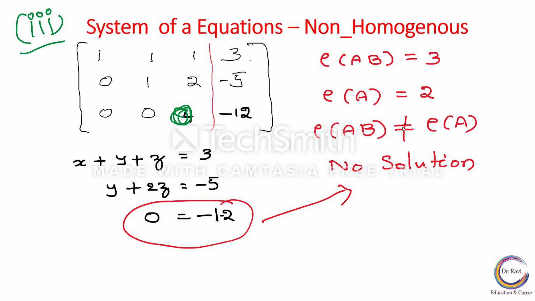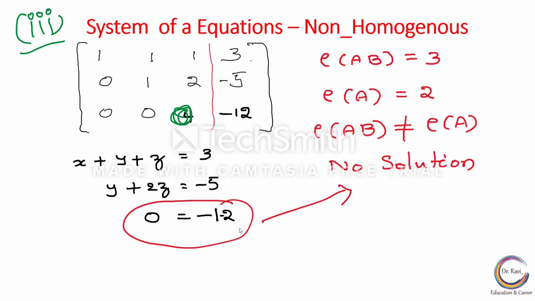Now we can check also, right? If we rewrite this into the equation form: x plus y plus z equal to 3, y plus 2z equal to minus 5. The last one, 0x plus 0y plus 0z equal to minus 12, that is 0 equal to minus 12, which is an absurd thing, right? 0 equal to minus 12.